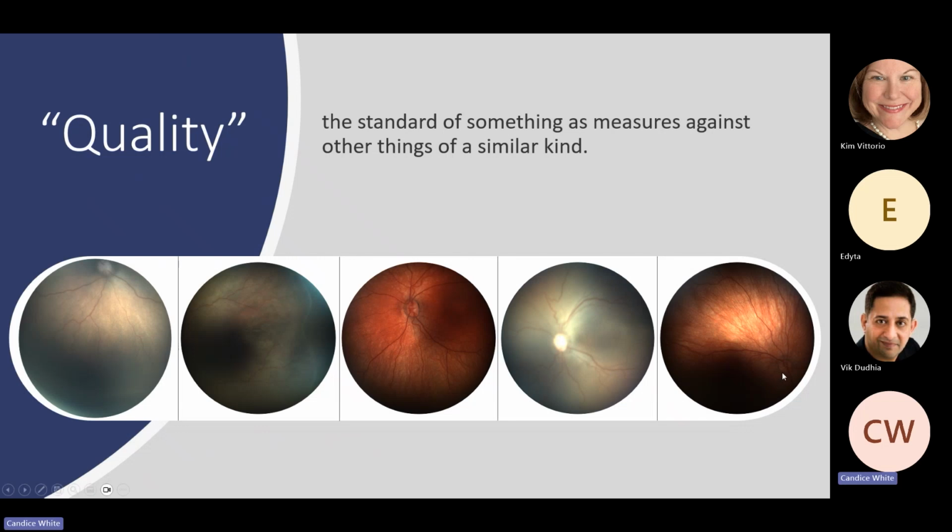Same thing in this image, an infant that didn't dilate very well, but I can still capture so much good information that tells me that these vessels are looking smooth, nothing super alarming right now, and I feel confident in saying I would love to see this patient in a week. So it's just redefining that thought process of what is quality.